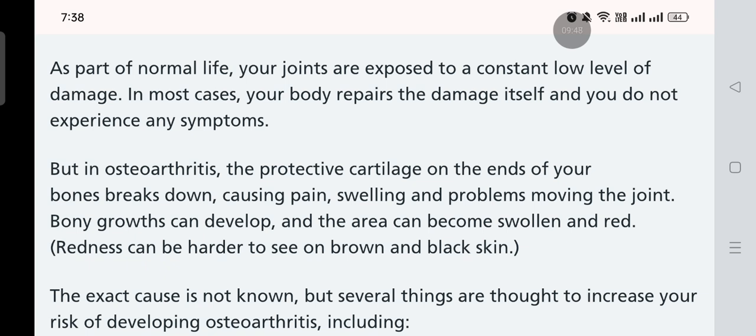But in osteoarthritis, the protective cartilage on the ends of your bones breaks down, causing pain, swelling, and problems moving the joint.